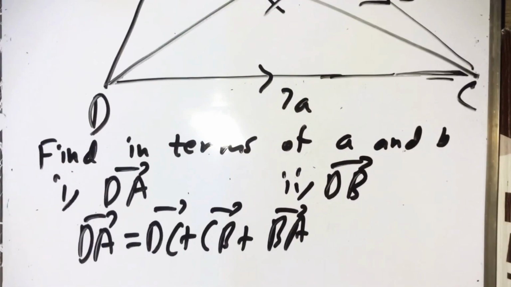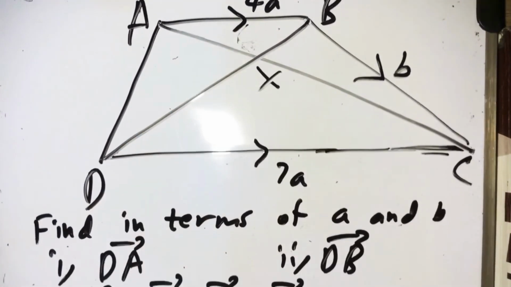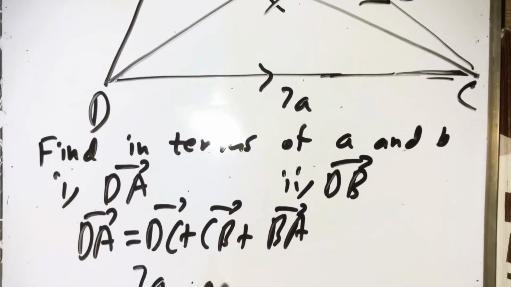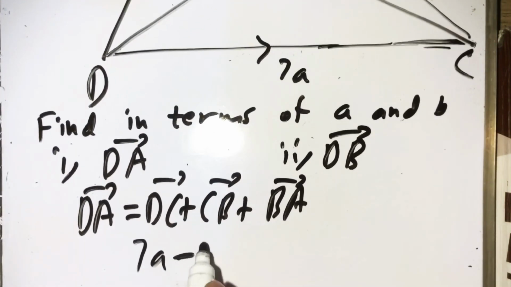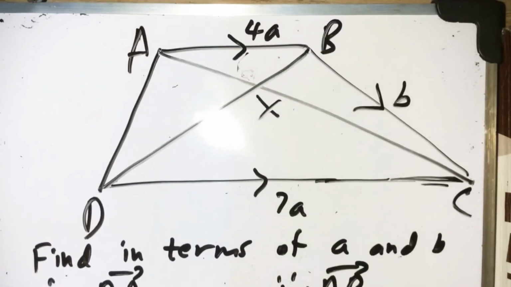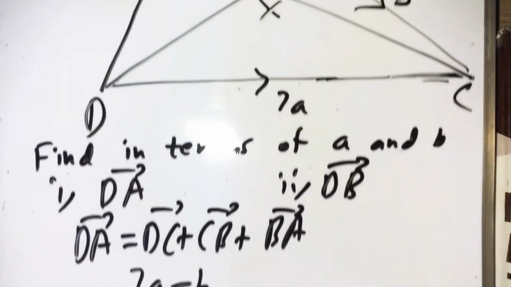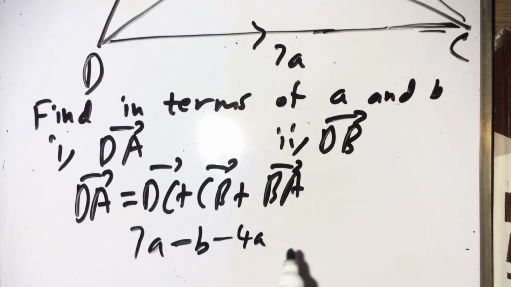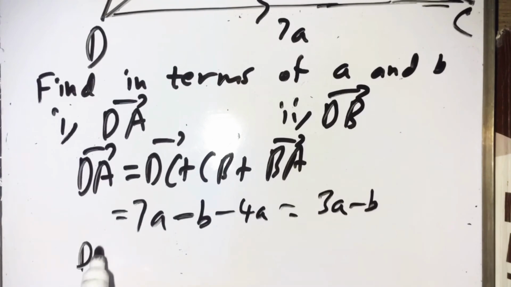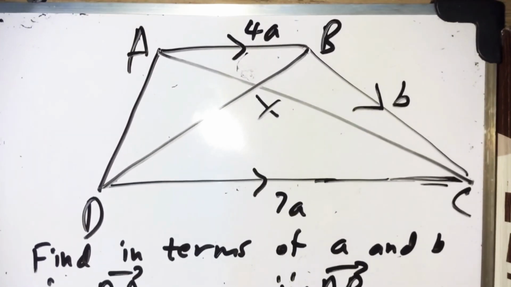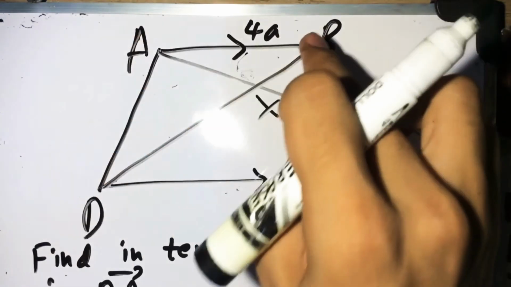DC is 7a. CB will be minus b. And BA will be minus 4a. Therefore, DA equals 3a minus b. Now for DB, we need DA plus AB.